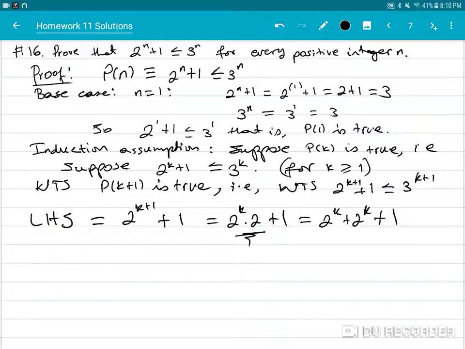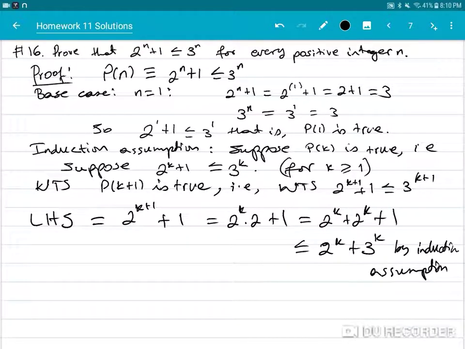That's 2 times 2 to the power of k. So this is less than or equal to 2 to the power of k plus 3 to the power of k, by the induction assumption.